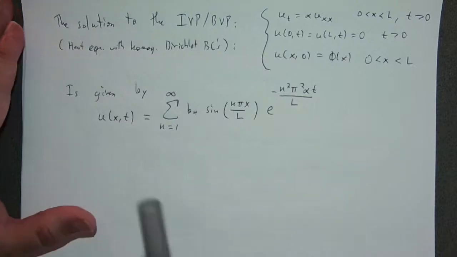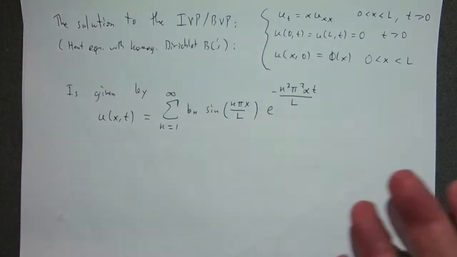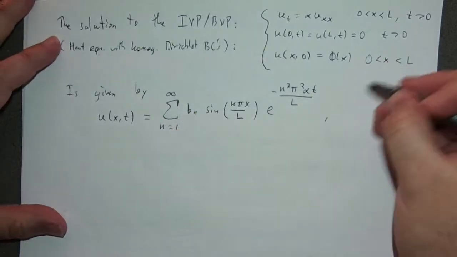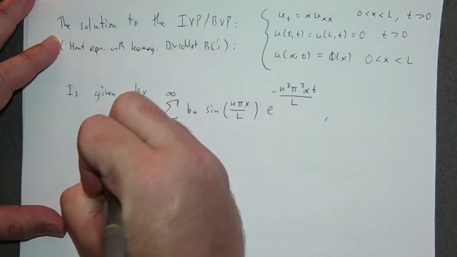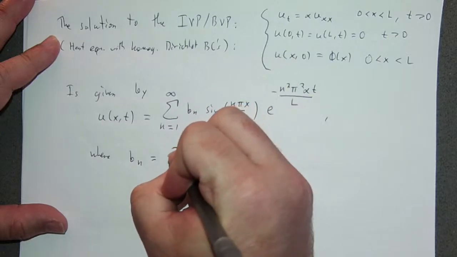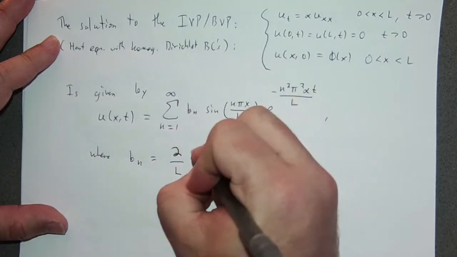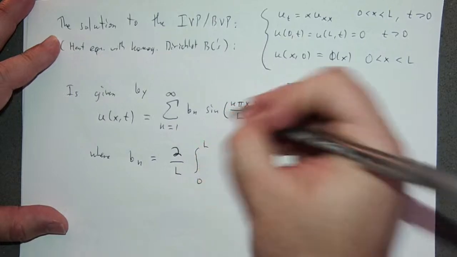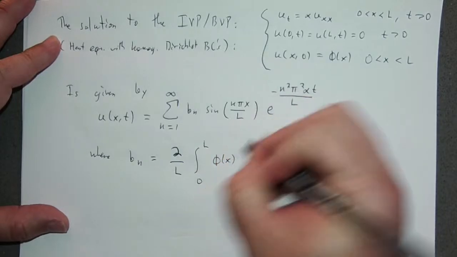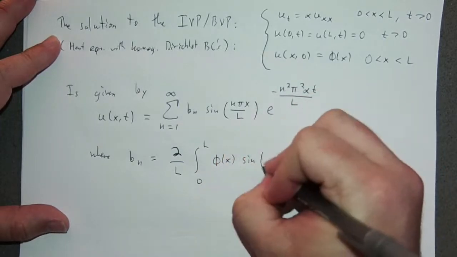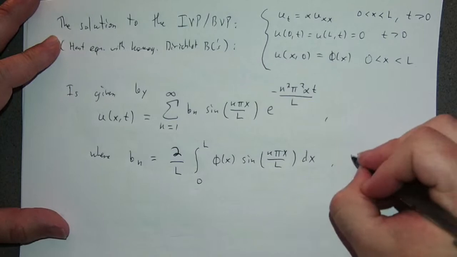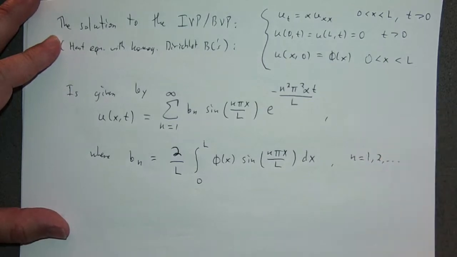And of course we're not done, because a solution written like this is not complete, because I need to specify what the coefficients are, right? Where b sub n is given by 2 over L times the integral from 0 to L of phi of x sine of n pi x over L dx for n equals 1, 2, and so on.